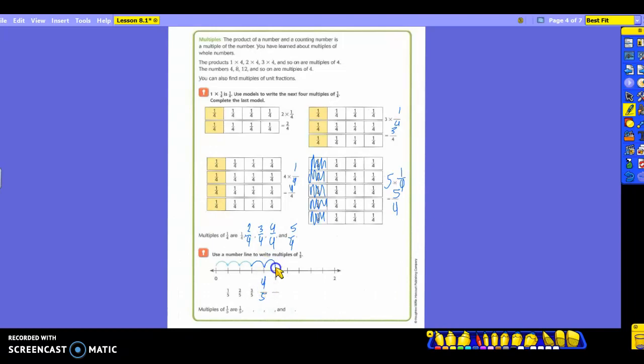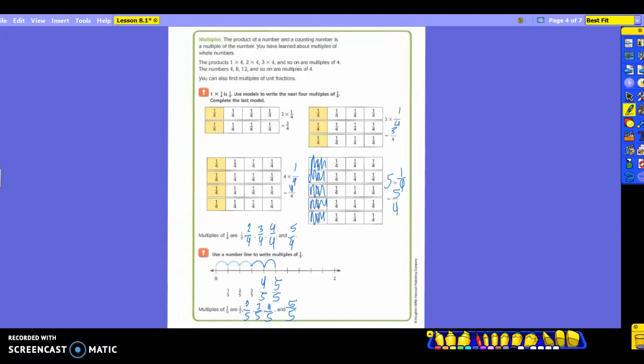And then we're going to make another line, and it's going to become 5/5. So as you can see, it took you 5 times to get to 1 or 5/5. So what are my multiples of 1/5? 1/5, 2/5, 3/5, 4/5, and 5/5.